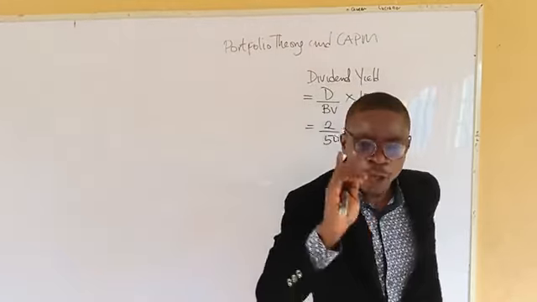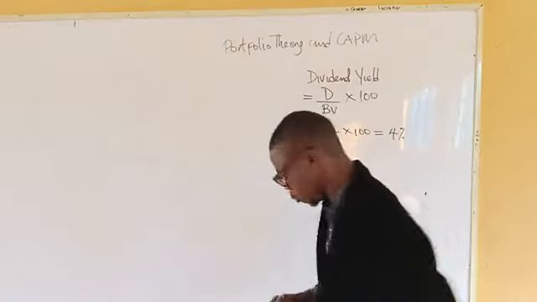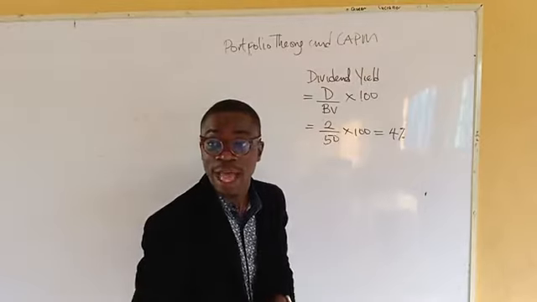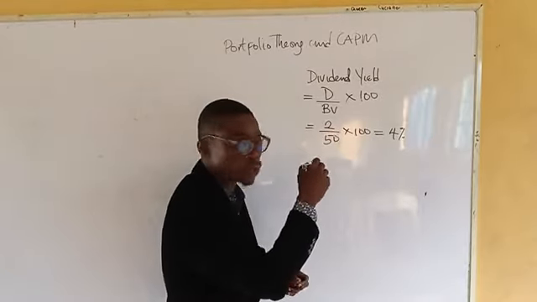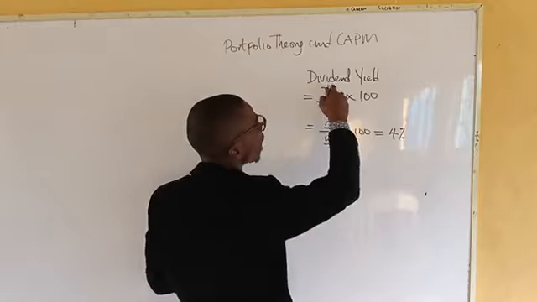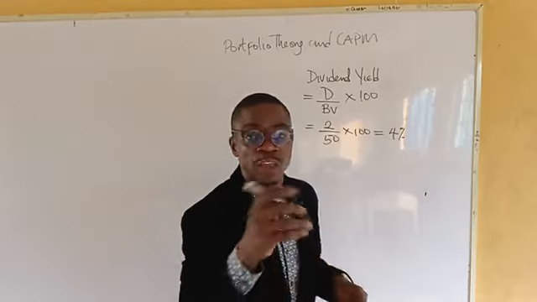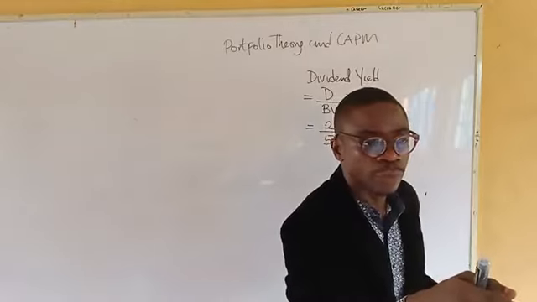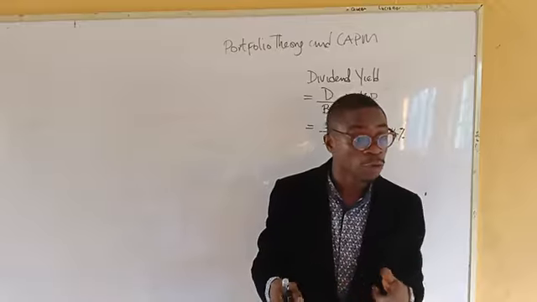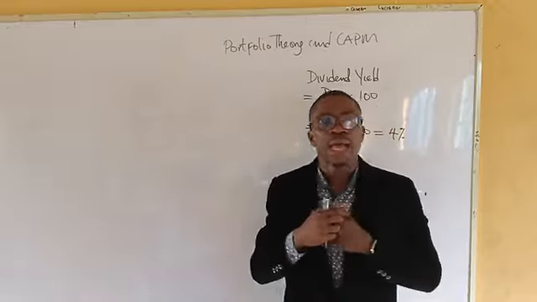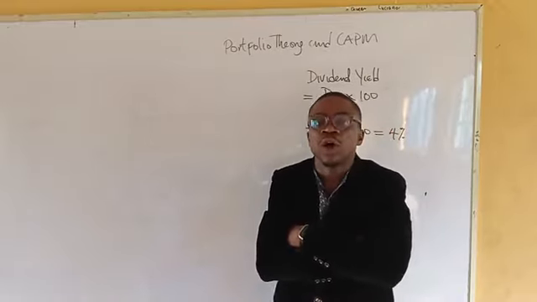They will not give you the capital gain or yield. Let's say they give you, in this question now, look at it. If you add the capital gain yield and dividend yield together, what will it give you? That means 10 plus 4. 10 plus 4 is what? What is the total return?